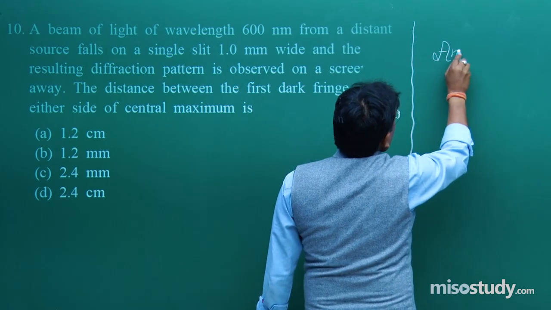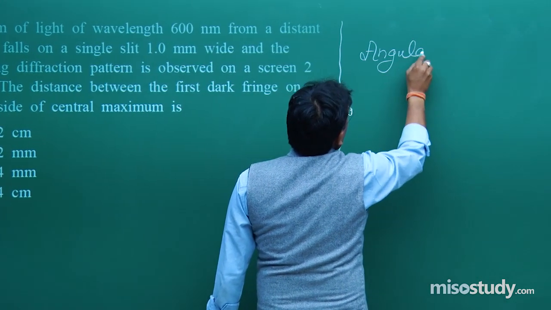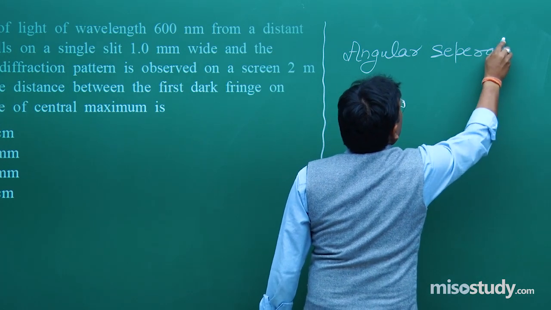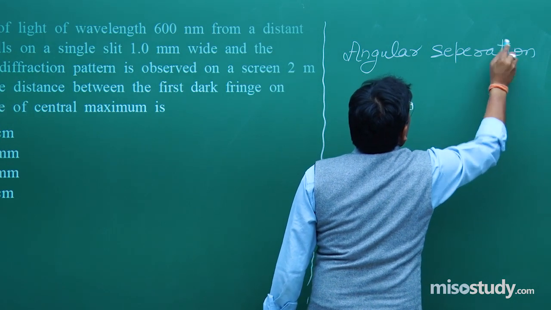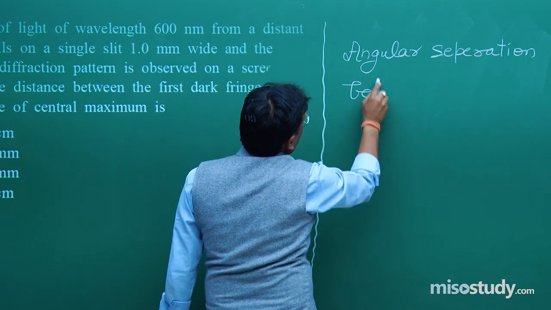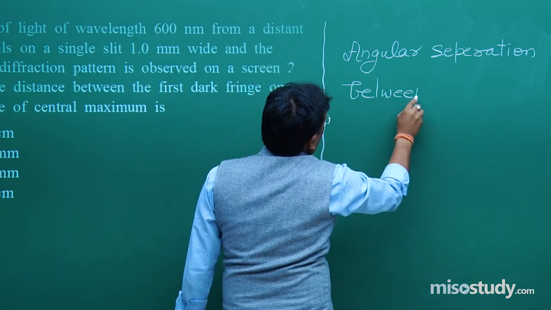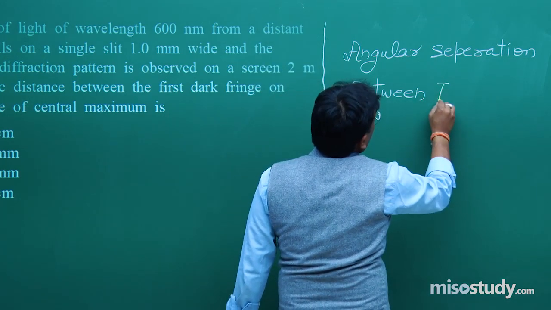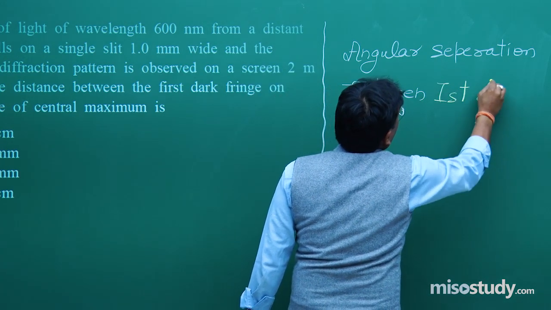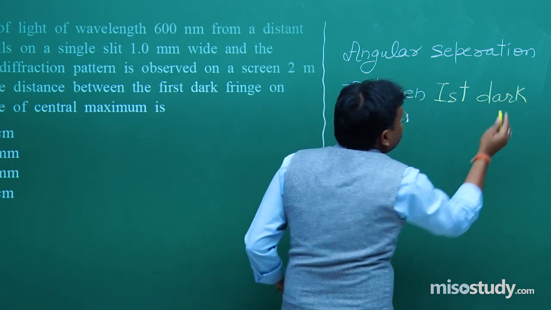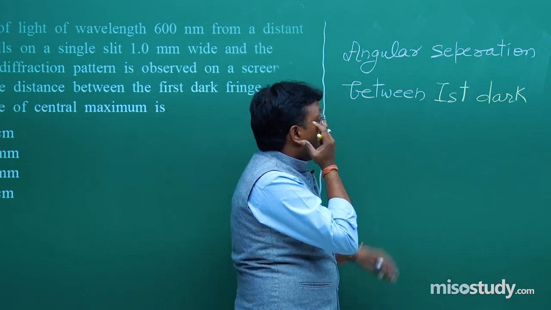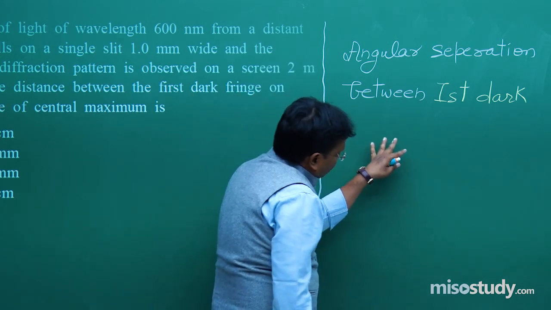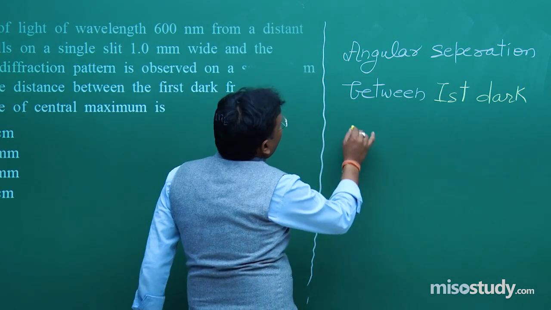Angular separation between the first dark fringe on either side of the maxima, some crucial points I am mentioning with different colors.